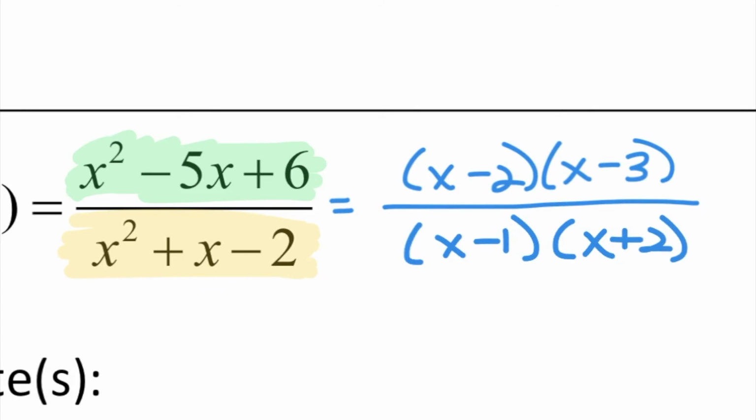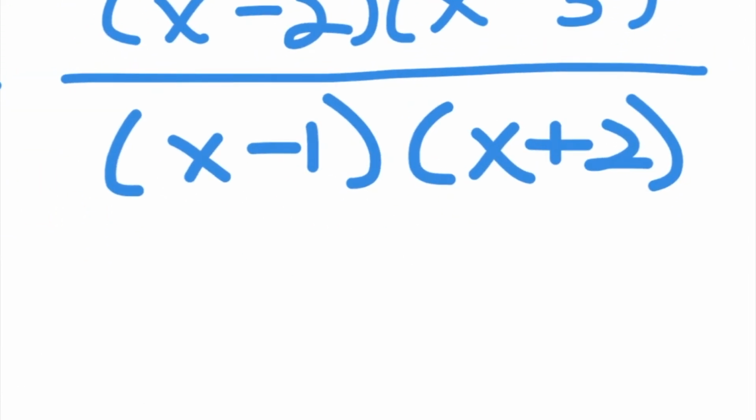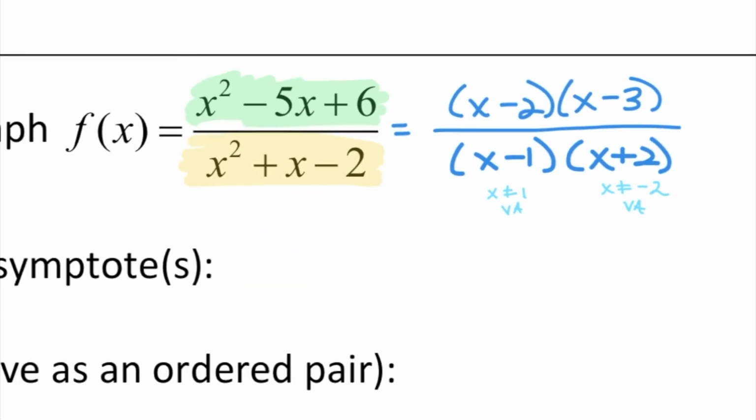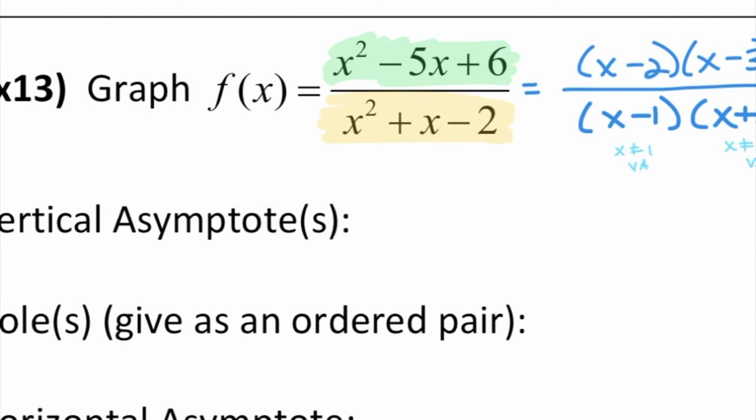And so remember that that automatically means that both of the values that are excluded from the denominator, x cannot equal 1 and x cannot equal negative 2, are going to be vertical asymptotes. So here you're going to have two vertical asymptotes, x equals negative 2 and positive 1. There's no holes.